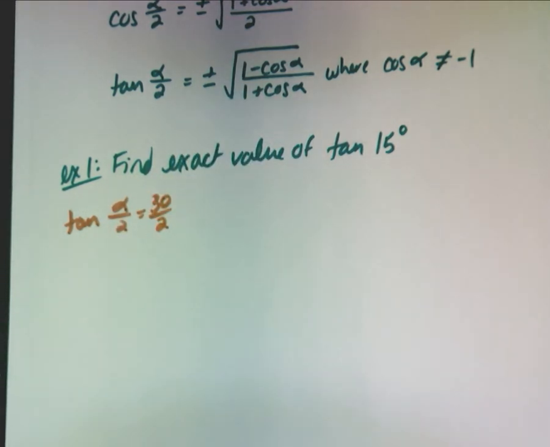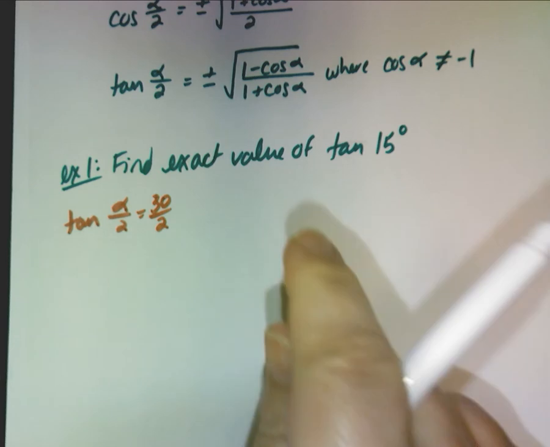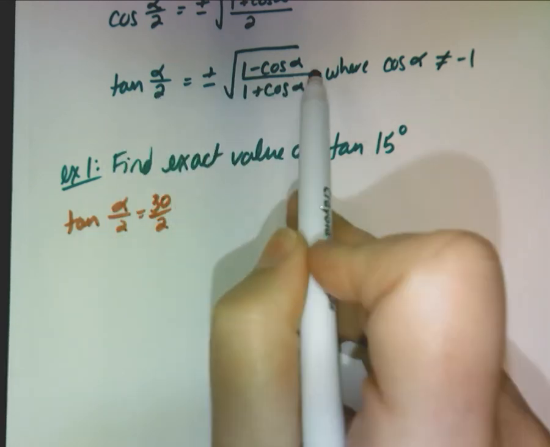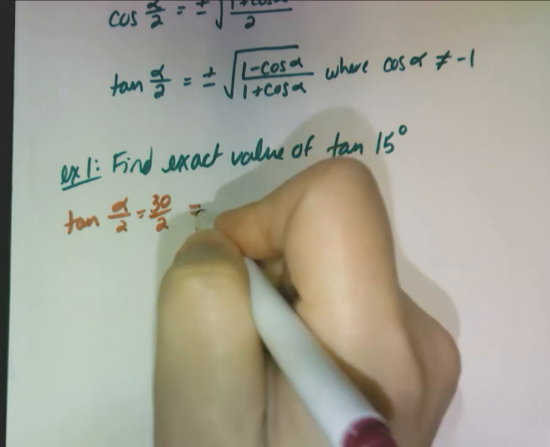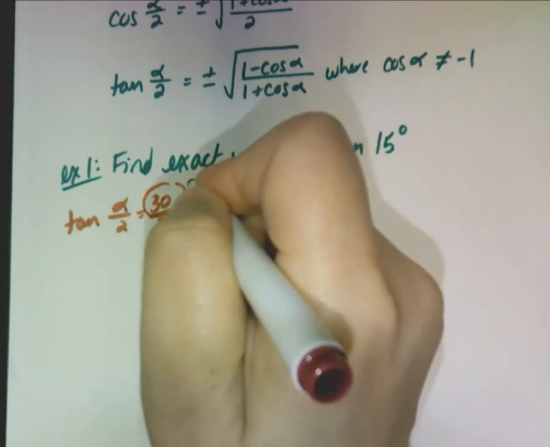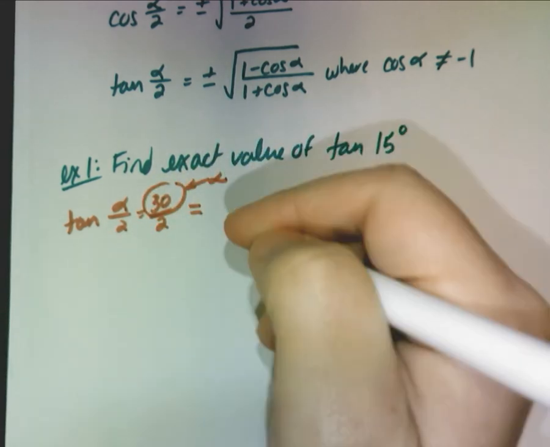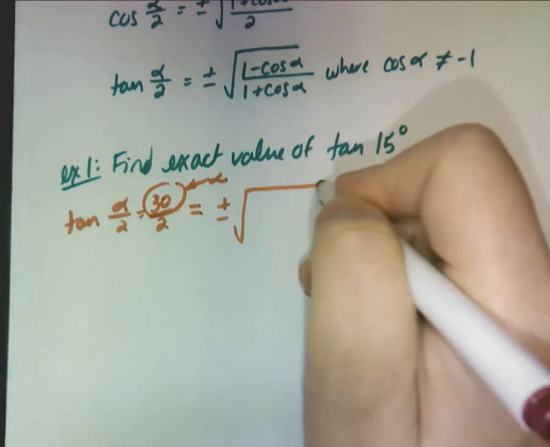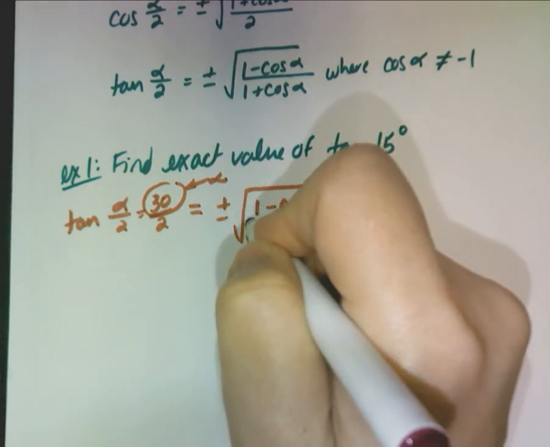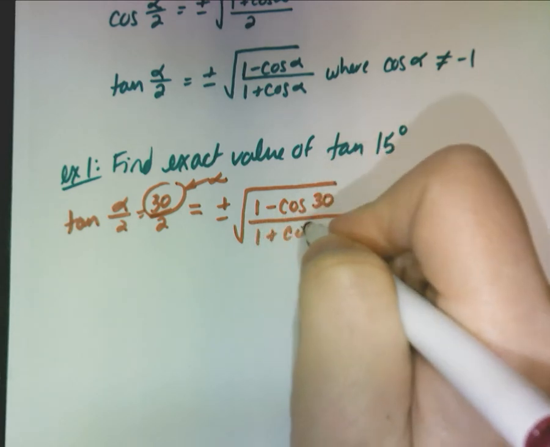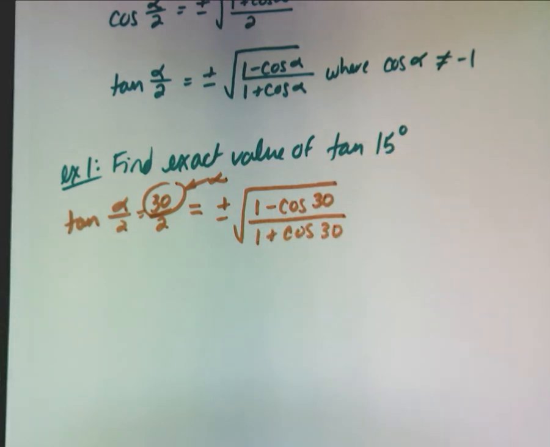So I'm going to make my alpha 30. So I'm going to follow this formula right here. So this would be plus or minus the square root of 1 minus cosine 30 over 1 plus cosine 30.